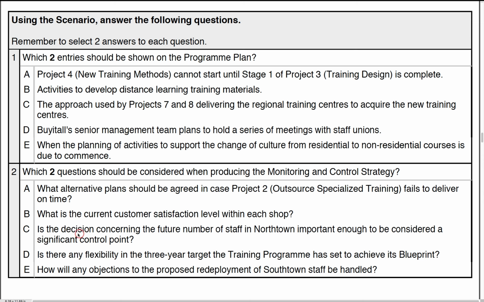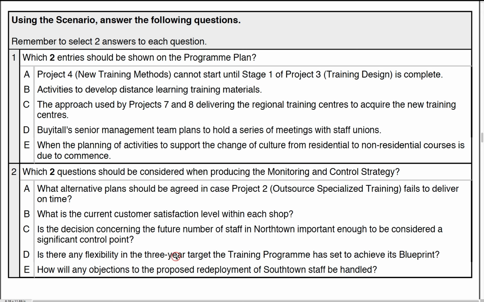Is the decision concerning the future state or future number of staff enough to be considered a control point? Right. So it's about control and monitoring, and the decision about that. That means we're looking at this particular document and the right statement for it.